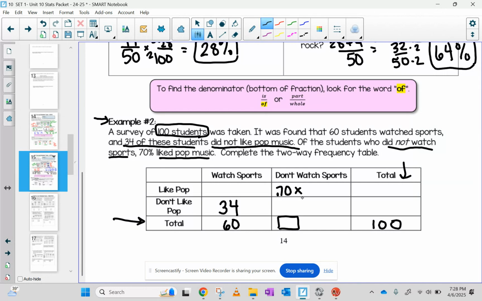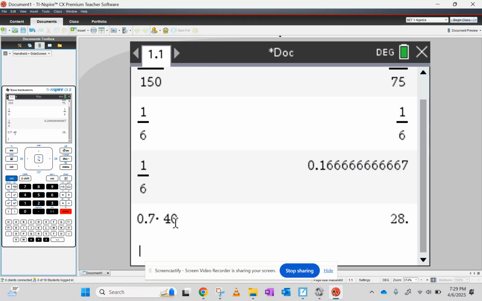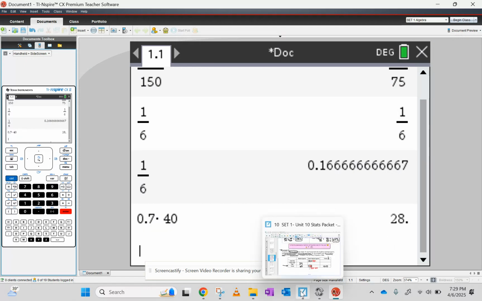So 0.70, I'm going to have to multiply by whatever. Oh, wait a minute. I know this number. It's 100 minus 60. There are 40 here, right? Because these have to total 100. So 70% of 40 goes in this box. So I'm going to go to my calculator and do 70% of 40 and get 28.